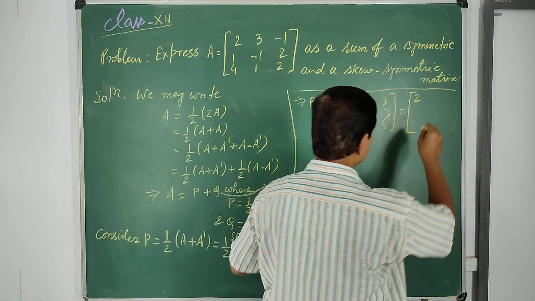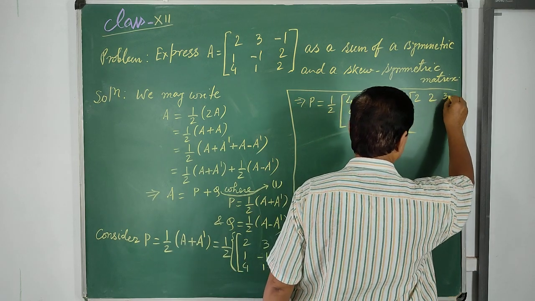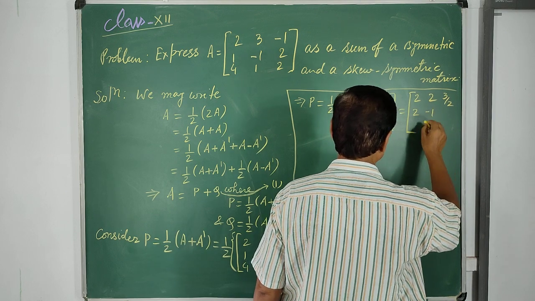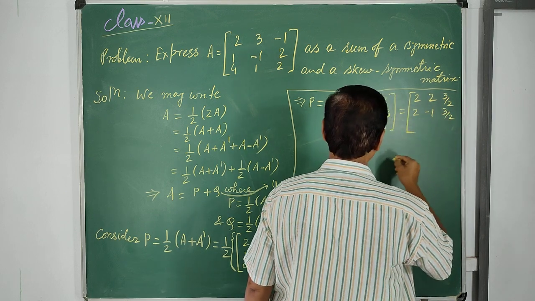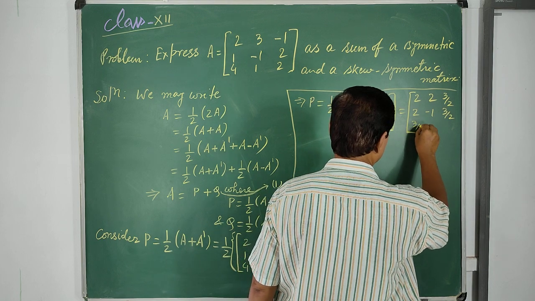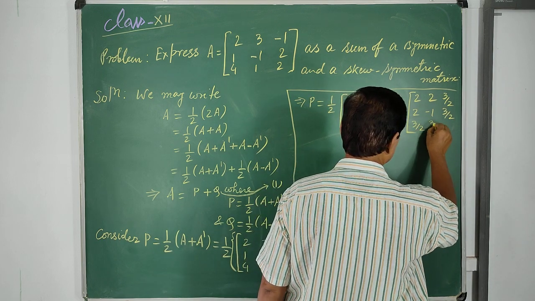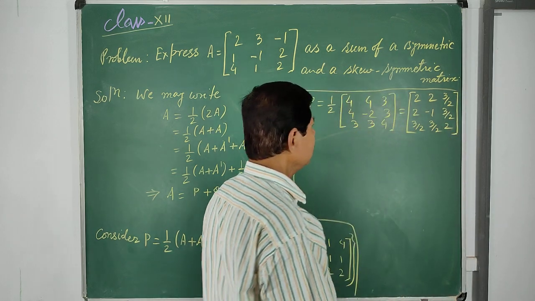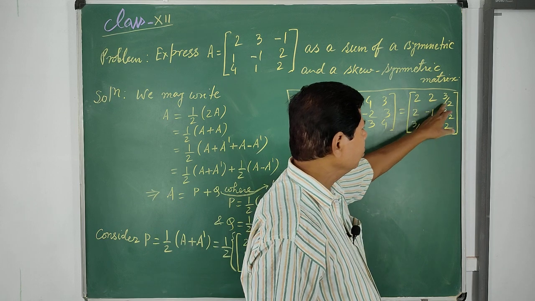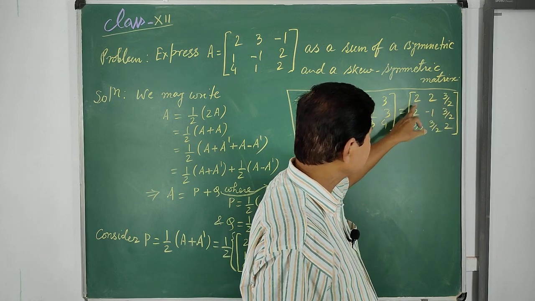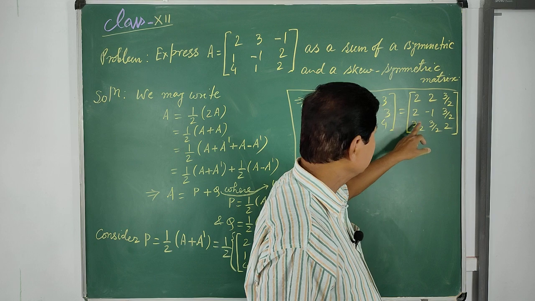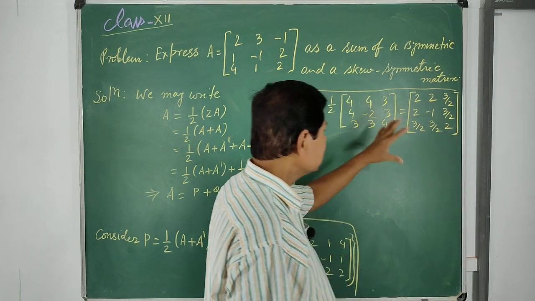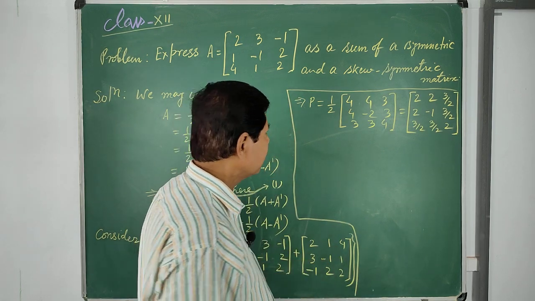So 4 by 2, again 2, 3 by 2, 4 by 2, 2, minus 2 by 2, minus 1, 3 by 2, 3 by 2, 3 by 2 and 4 by 2, 2. Now you can easily observe that the first row is equal to the first column, second row equal to second column and third row is same as third column. That means this is equal to P dash as well.